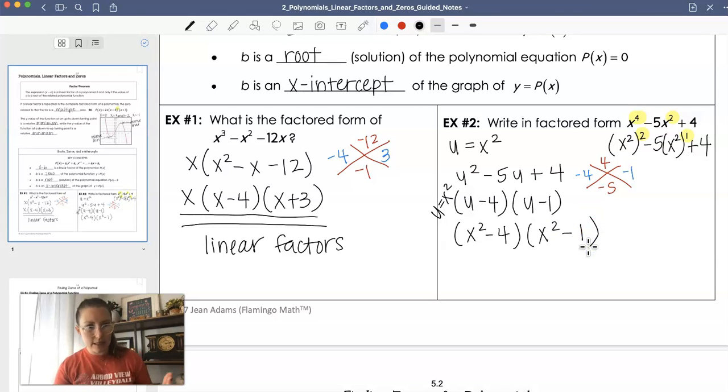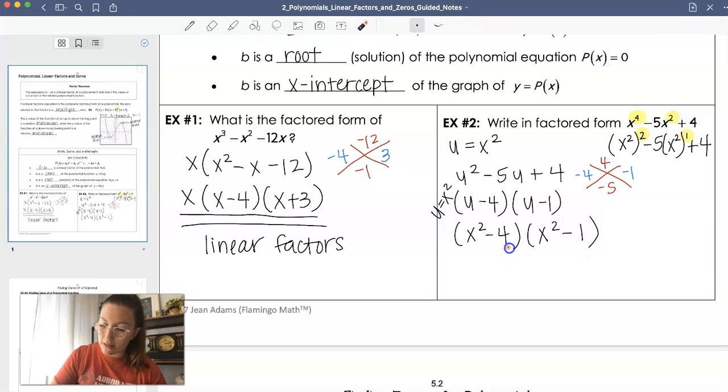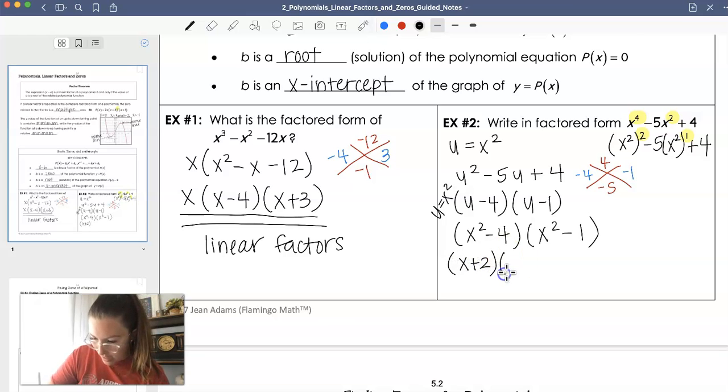Now we have to see, can these factor more? Hopefully this is ringing a bell. These are all perfect squares, so I have two differences of perfect squares. Remember, when these factor, we get a plus b, a minus b. So the first one factors to x plus 2 and x minus 2.